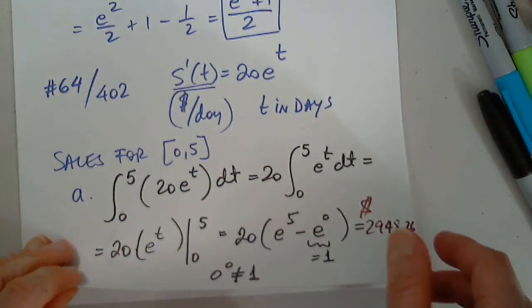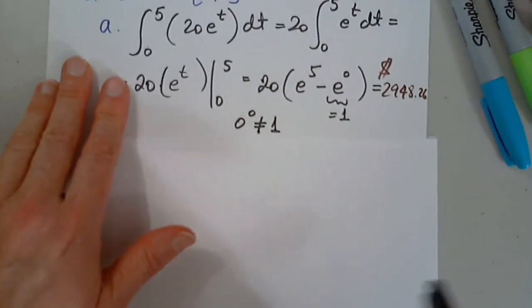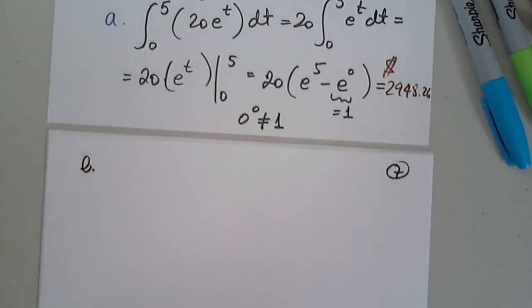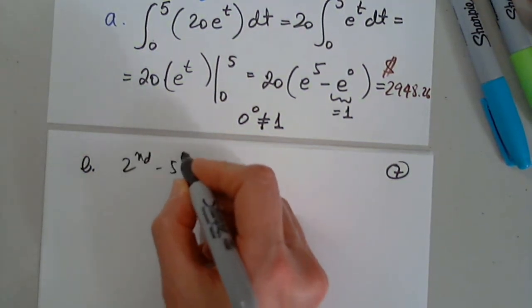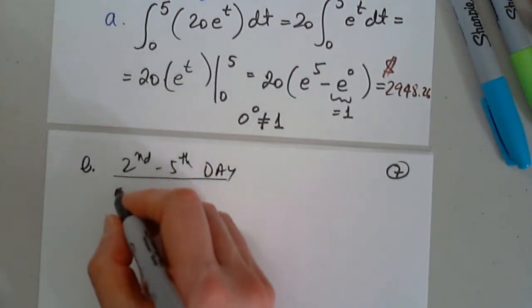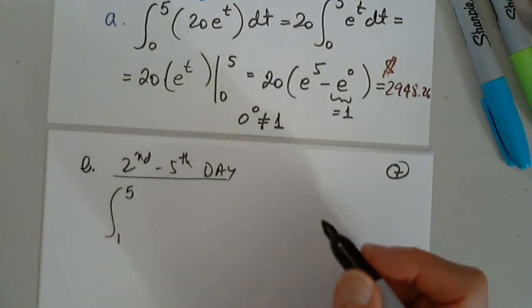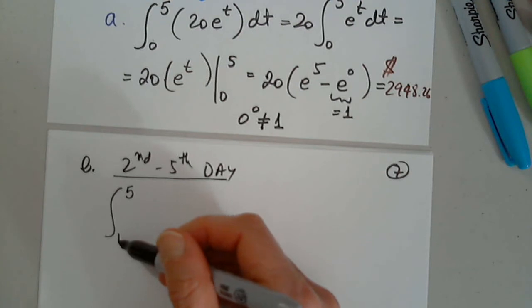Okay, part B. We're asked now to determine, that's my page 7, in part B, they're asking us to find the sales from the 2nd day through the 5th day. So from the 2nd through the 5th day, that will mean the integral from 1 to 5, in order to include 2, we have to start at 1.